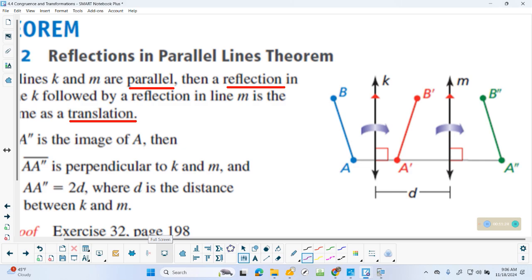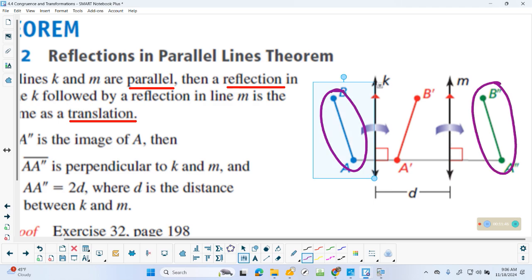So you're going, and again, this is where I wish we had the color copy machines, we're going from the blue to the red to the green. So here's what is happening. If you reflect the blue over that line, you end up at the red. If I reflect the red over the line, I end up at the green. So notice though, the original picture and what you end up with are the same segment, just translated to the right.